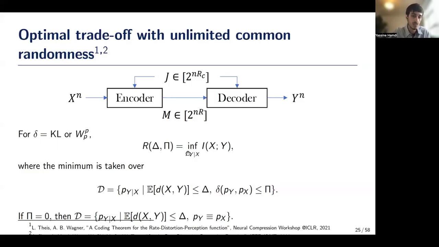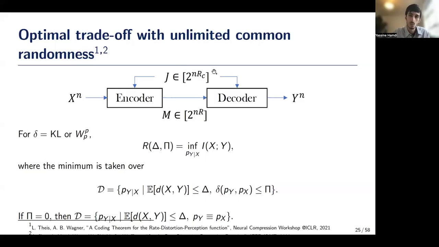Unfortunately, you have to sacrifice something, but it still has this kind of elegant expression with the mutual information. But this elegant expression requires the amount of common randomness, or the value of RC, if you will, the number of possible values of J, to be very, very, very large. And this is also something that is not possible to do in practice.